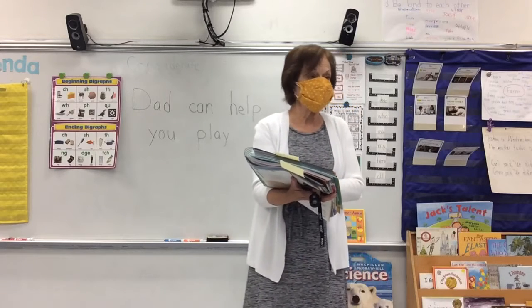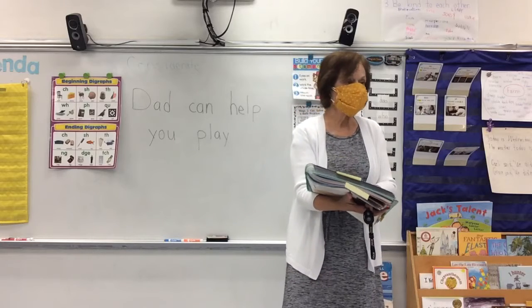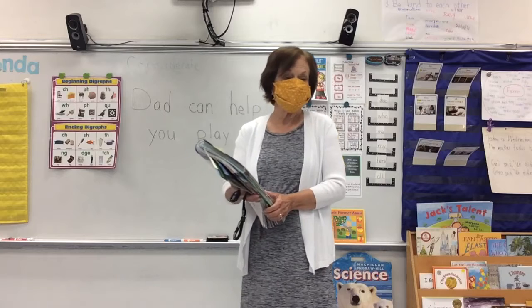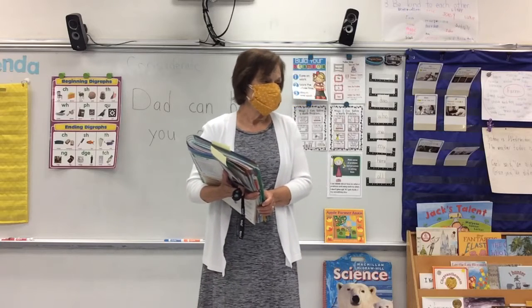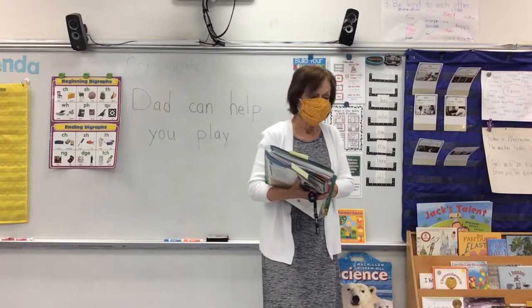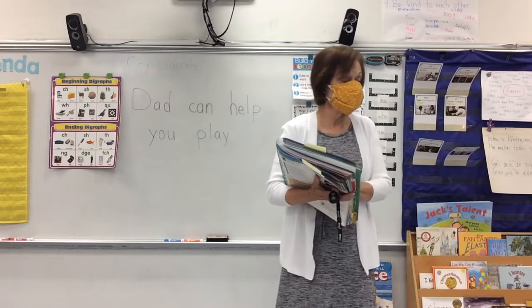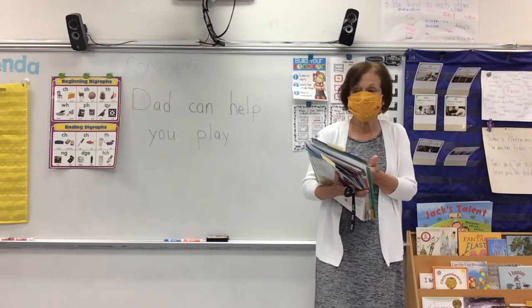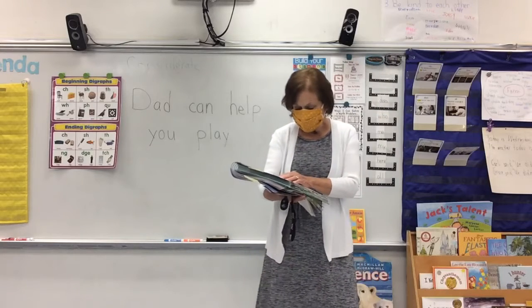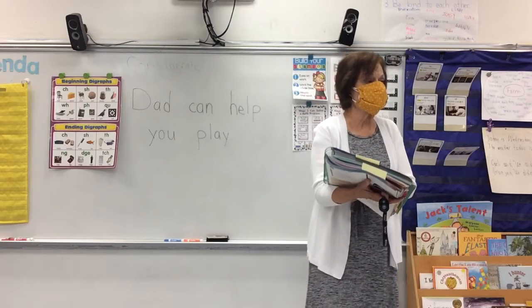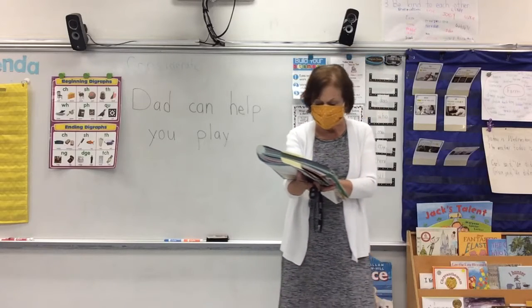There's also graphic features that are photos or drawings, and they let you know details and ideas. So even if the author doesn't write in words what's in the picture, you can see what's in the picture. So that's called using a graphic detail. Then the author would use certain words or phrases to help you understand more about the text.